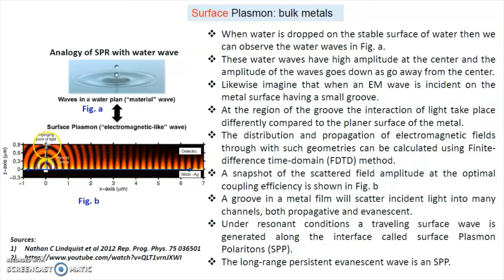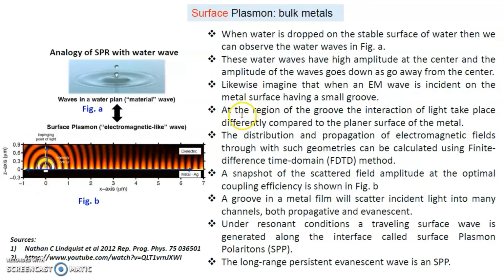The light is incident on the surface of the silver metal, but specifically on a small groove. The size of the groove lies in the range of nanometers.